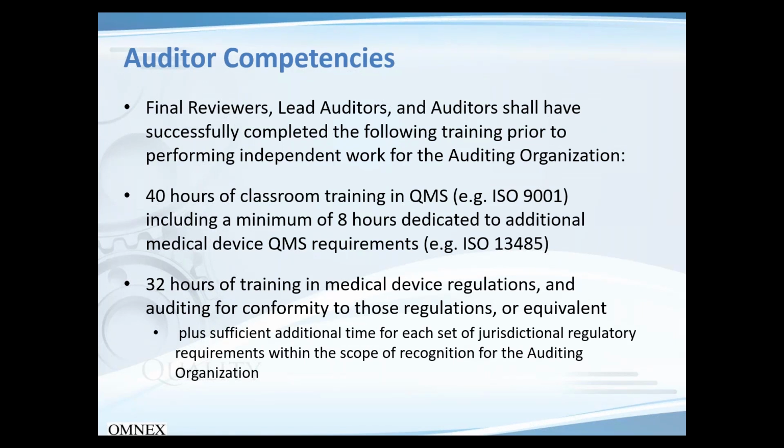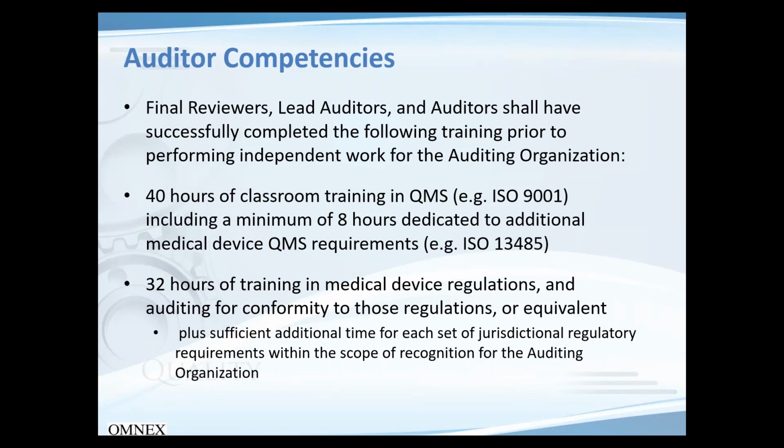But if you have a basic quality management system training, like 9001, then you must have an additional 8 hours of 13485-related training. The other requirement is 32 hours of training in medical device regulations, compliance obligations for different countries and different participating jurisdictions, and auditing for conformity to those regulations, and/or any equivalent experience or knowledge.